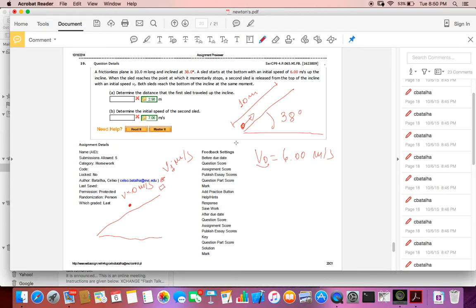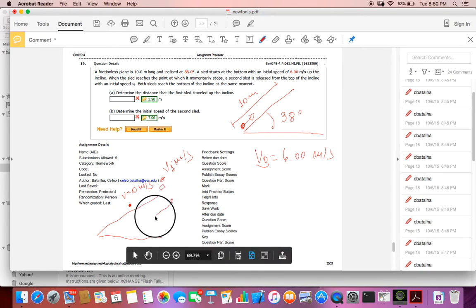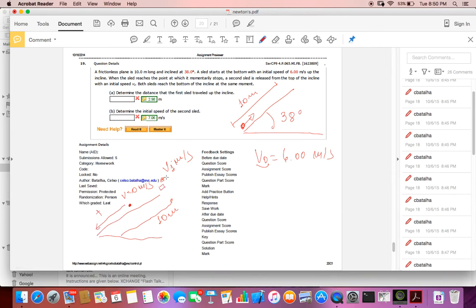Both sleds reach the bottom of the incline at the same moment. So the time it takes this sled to go all the way down is the same time that it takes this one to go all the way down. So that's the condition: the time is the same. Determine the distance that the first sled traveled up the incline.